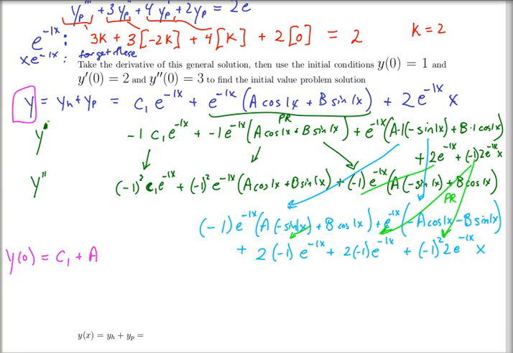The second equation of interest, the y prime of 0. Oh, by the way, that's given to be 1. The second equation is going to be minus 1 c1 minus 1 times a, coming from here, and then we're going to get this, which is going to be plus b, and then plus 2.